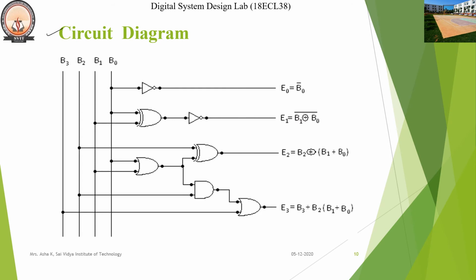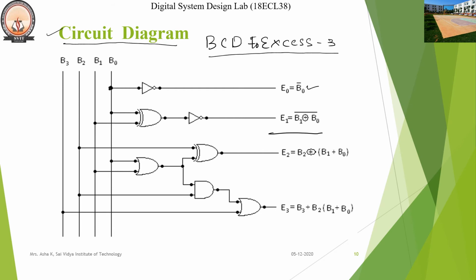Later, let us consider the circuit diagram of BCD to XS3 code conversion. In this BCD to XS3 code conversion, we'll have E0 equal to the complement of the B0 bit, and next for E1 we'll have the B1 XOR operation with B0, whole complement.